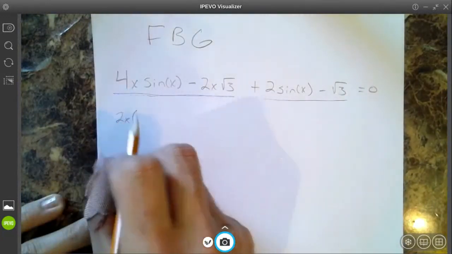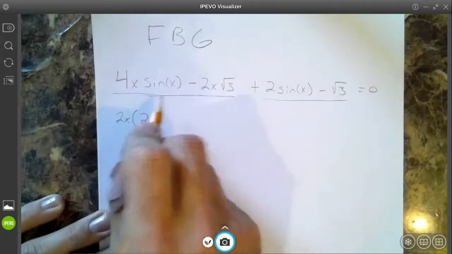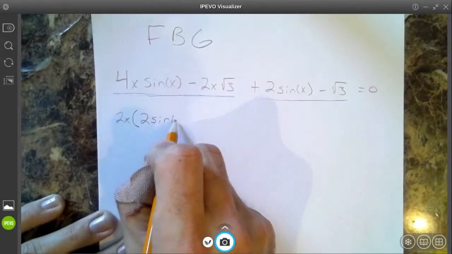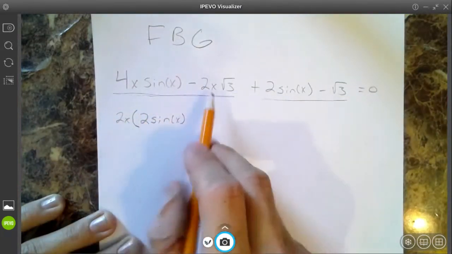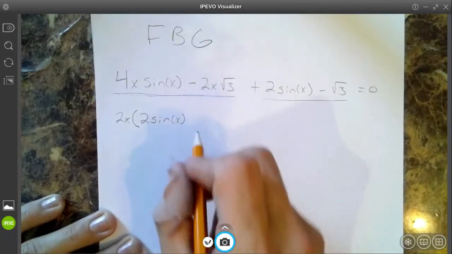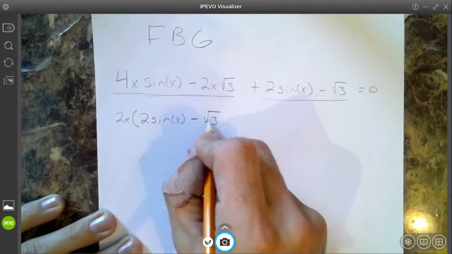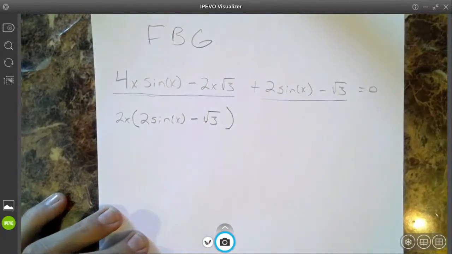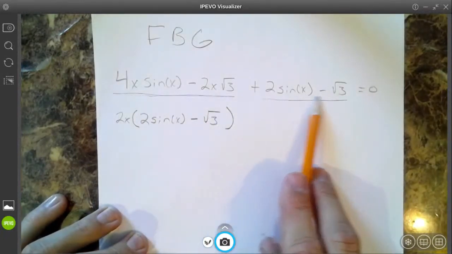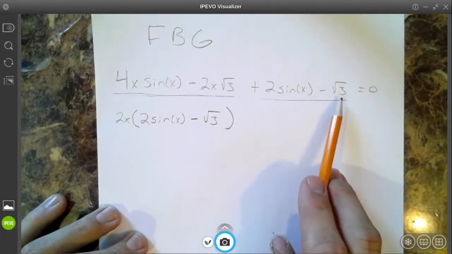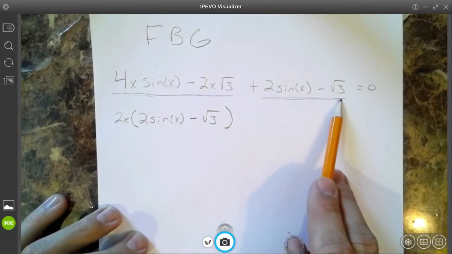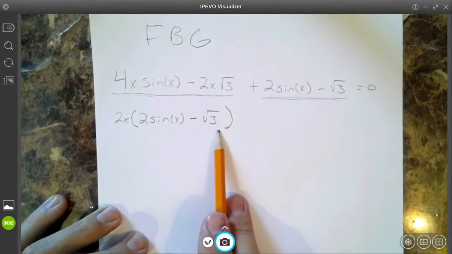See here, 2x, the 4x is going to become a 2, and then you still have that sine of x hanging out. I took a 2x away from this term, so now I have just a root 3 left over. And this one, they don't have anything in common, but thankfully this part matches this part.